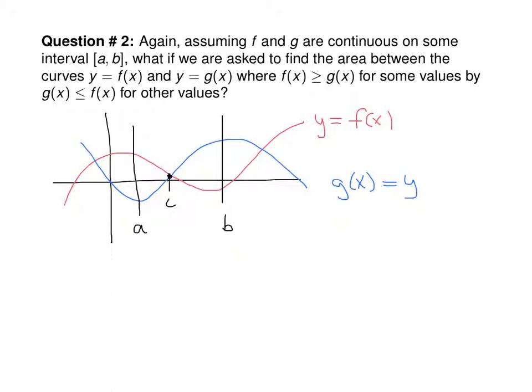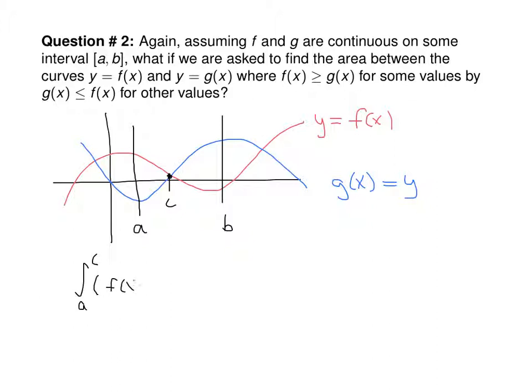So obviously you can't just do f of x minus g of x and integrate, because from C to B the stuff flip-flops. But what you could do is just break this into two integrals. So your first portion from A to C, for that portion, f of x is on top.